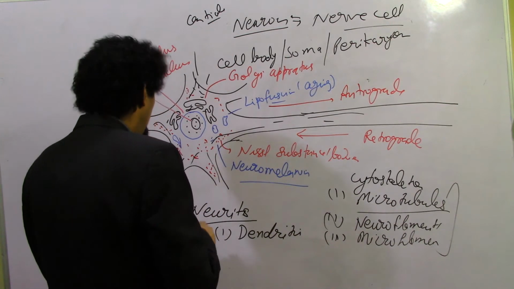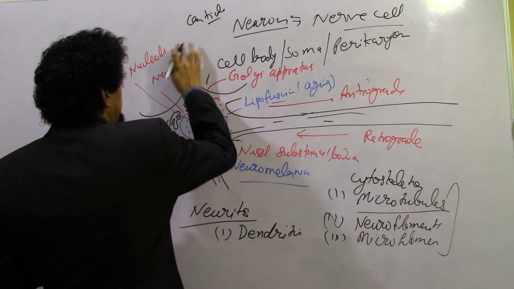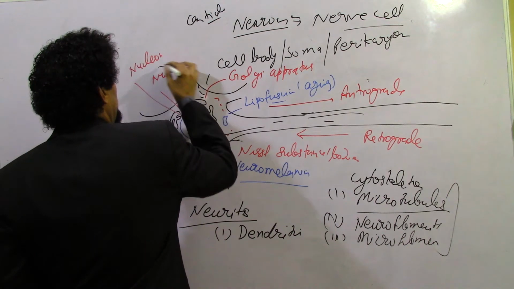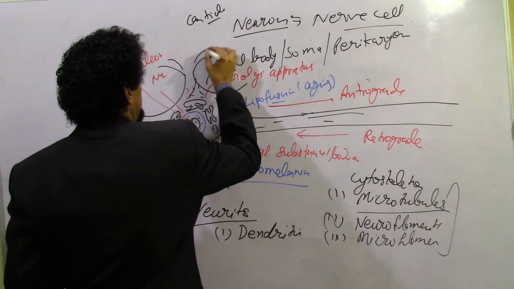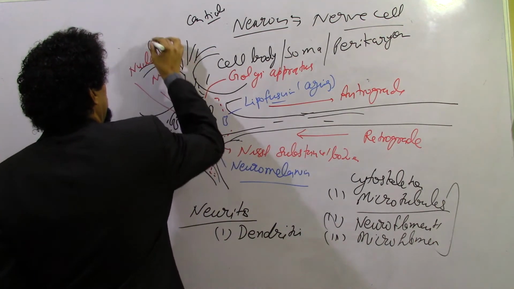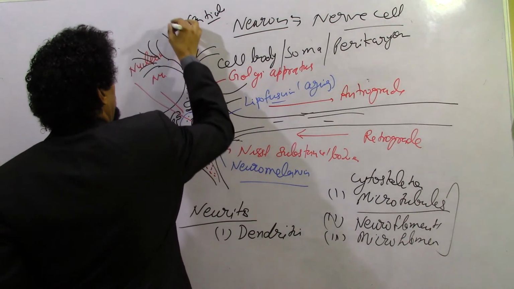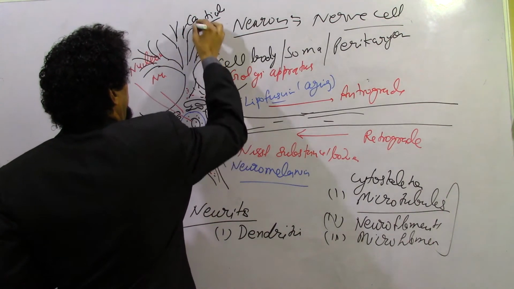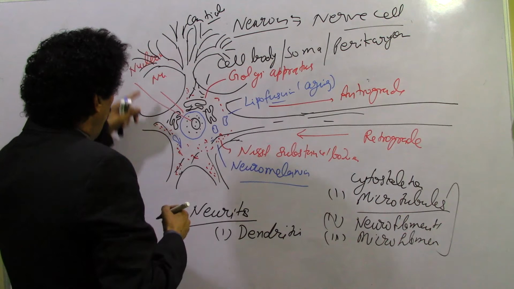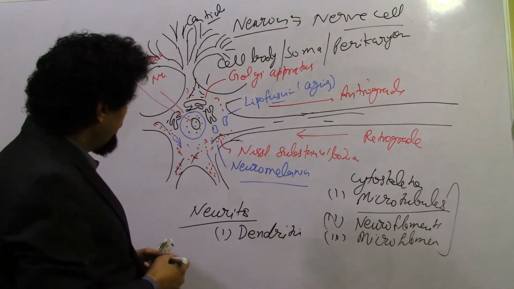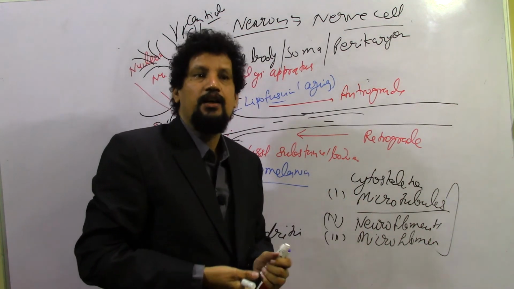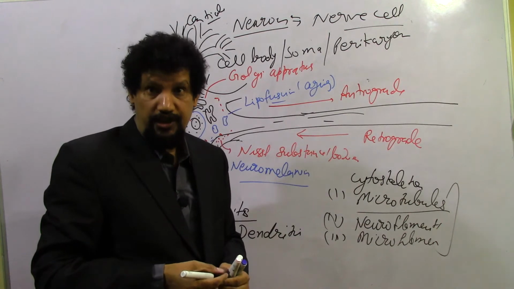So here I will explain a single dendrite, the branching pattern like this, again dividing, and forming all dendrites. These dendrites have microtubules, neurofilaments, microfilaments, and microtubule associated protein also.